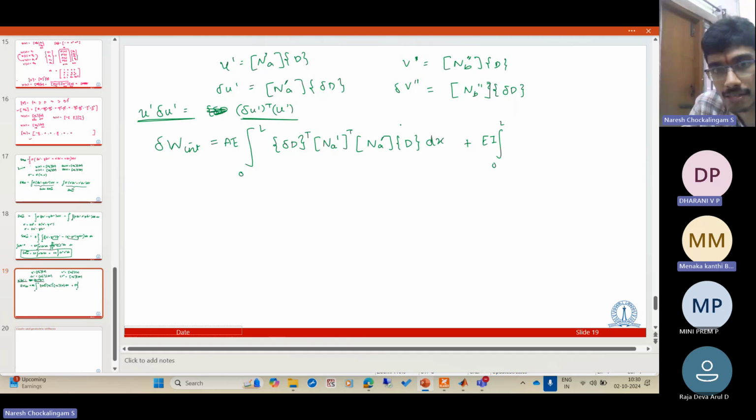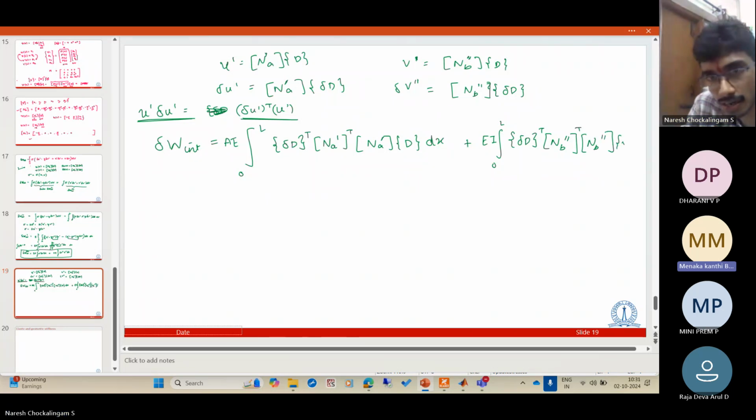Yeah, this is NA dash, thanks for correcting it. The second term, similarly, is del D transpose NB double dash transpose NB double dash D dx.